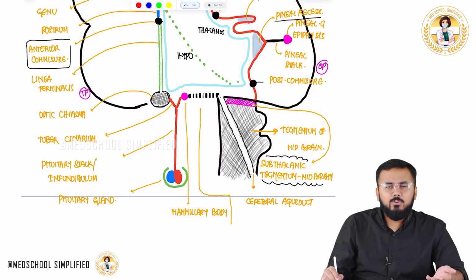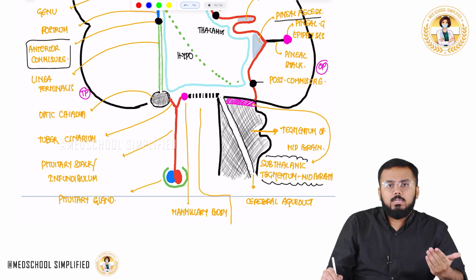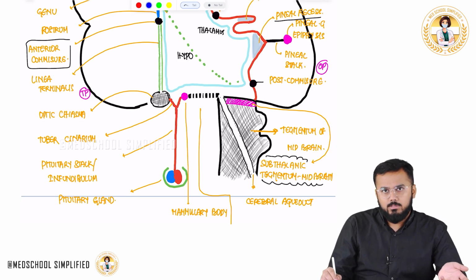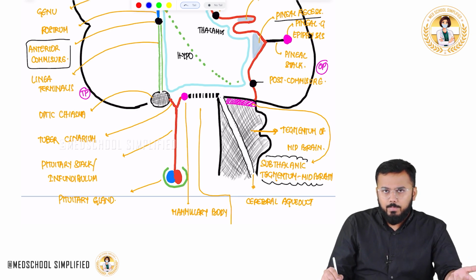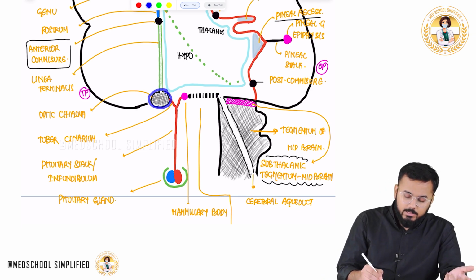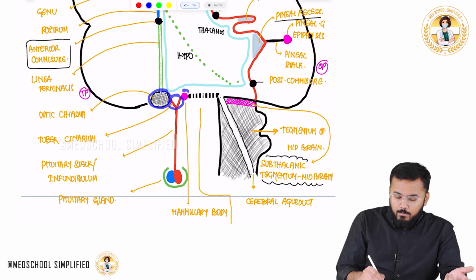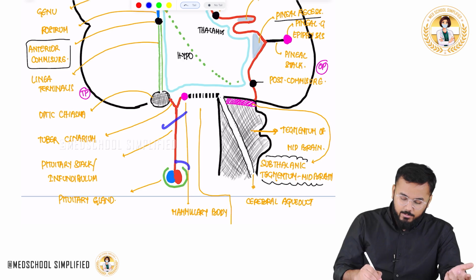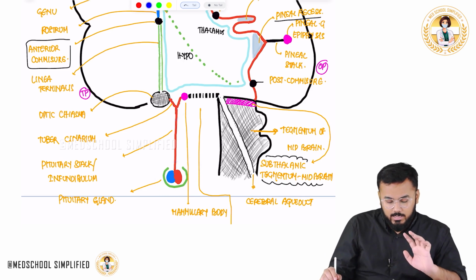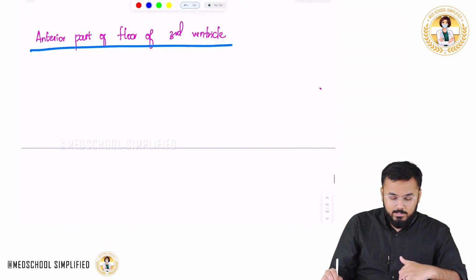Or in other words, what are the structures forming the floor of the hypothalamus? Where is the hypothalamus? The anterior part of the floor of the third ventricle. So the optic chiasm, tuber cinereum, mammillary bodies, posterior perforated substance, and then the infundibulum and pituitary gland. These are the structures asked over here.